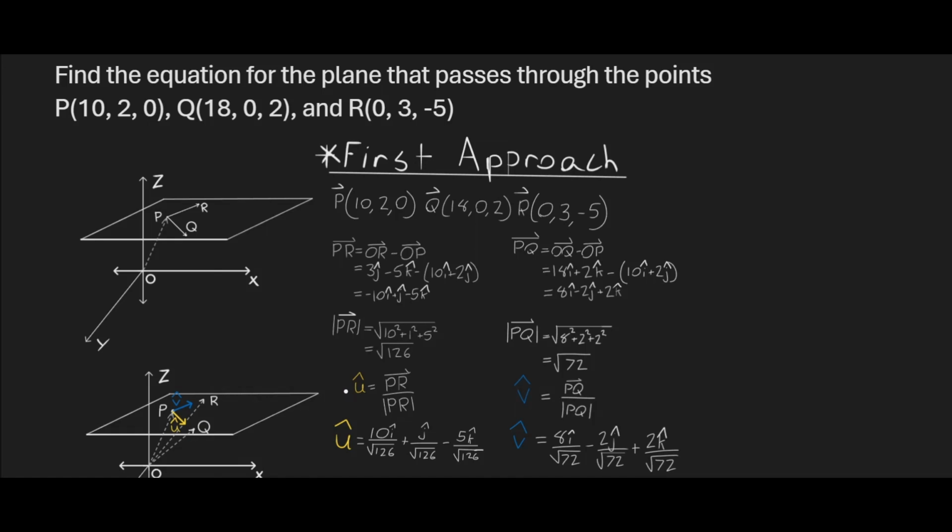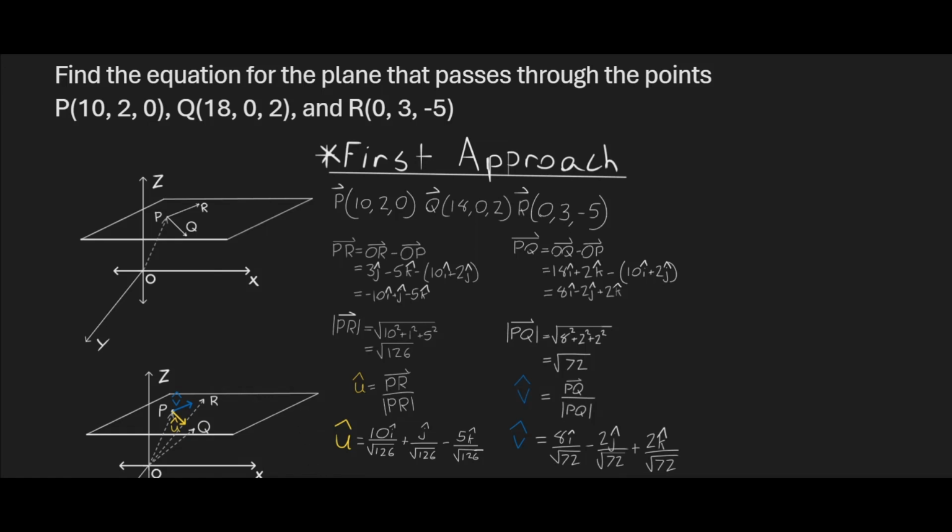To find the unit vectors, we need to find PR divided by the magnitude of PR. And to find the unit vector for v, we need to do PQ over the magnitude of PQ. That's going to give us these two vectors here. These two vectors are the unit vectors that are parallel to the plane.